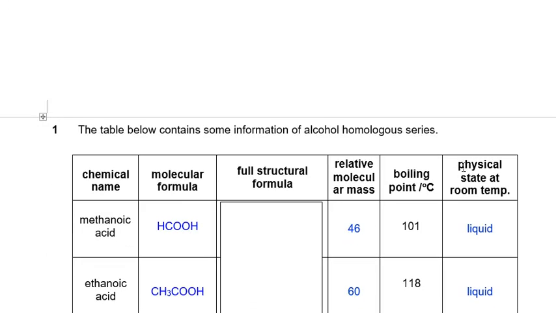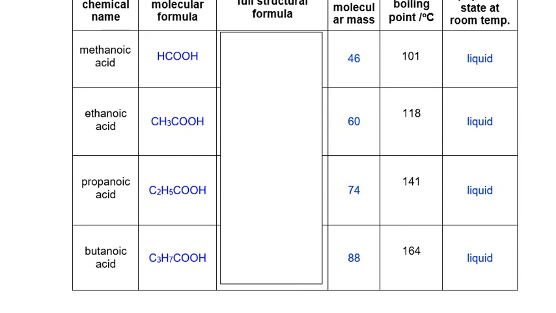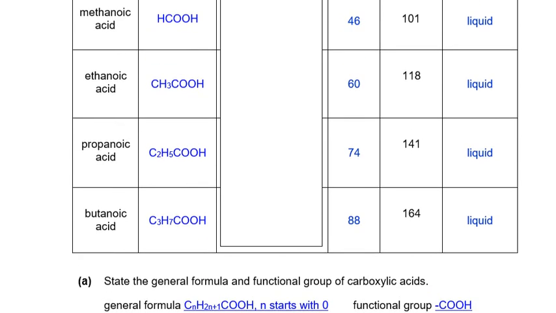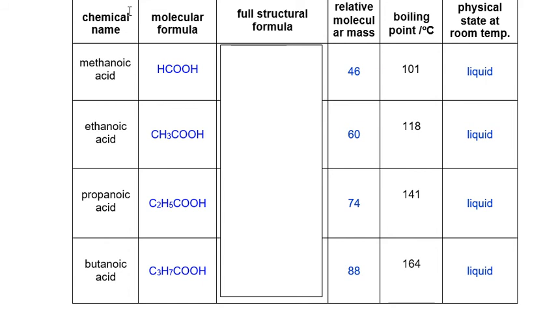Question number 1, you're supposed to fill up the table. I have filled up some of the information here for you already. Now the chemical name, following the rest of the homogeneous series, is basically similar to whatever you have learned before.